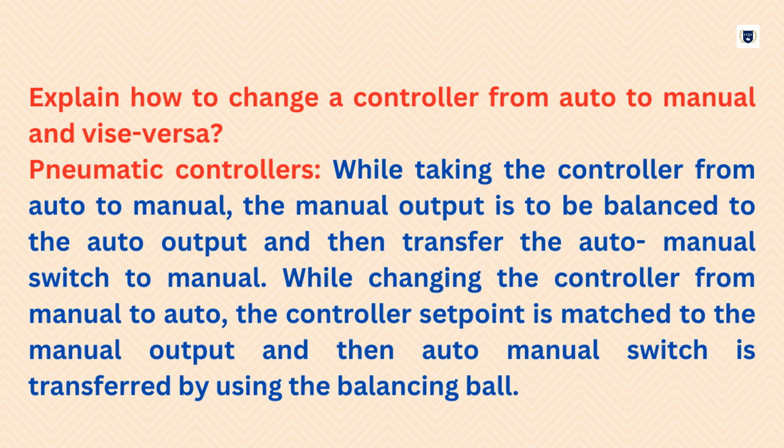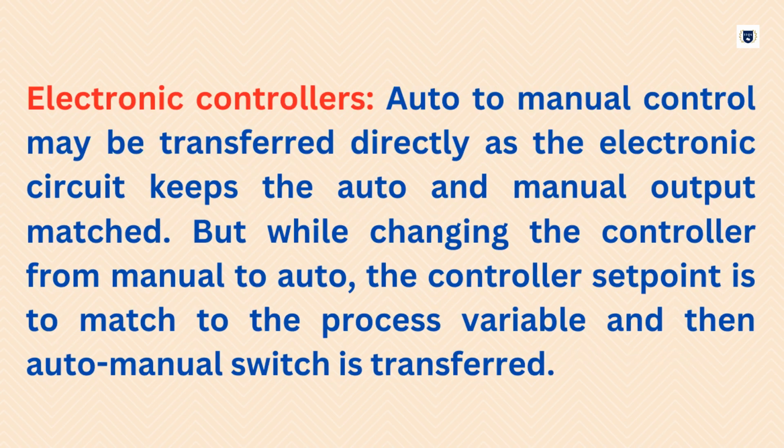Pneumatic controllers: while taking the controller from auto to manual, the manual output is to be balanced to the auto output and then the auto-manual switch is transferred to manual. While changing the controller from manual to auto, the controller set point is matched to the manual output and then the auto-manual switch is transferred, by using the balancing ball.